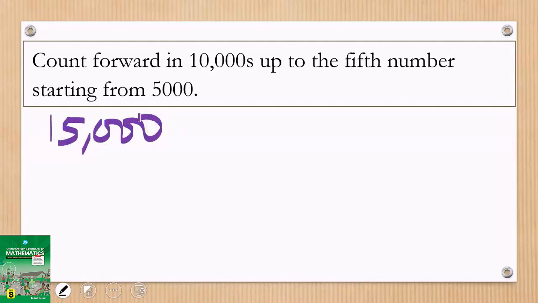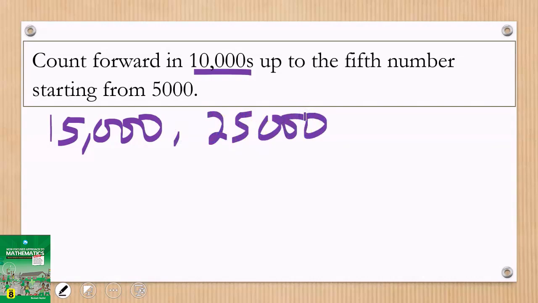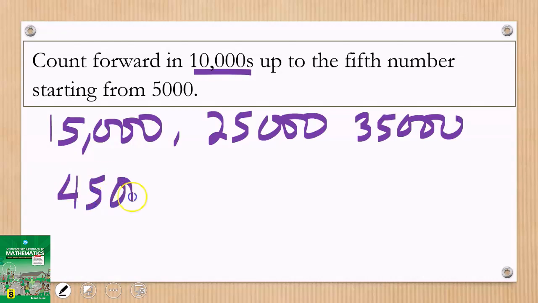Then if you add again 10,000, you are going to get 25,000. Plus 10,000 again will give us 35,000. Plus 10,000 again will give us 45,000. Plus 10,000 again will give us 55,000.